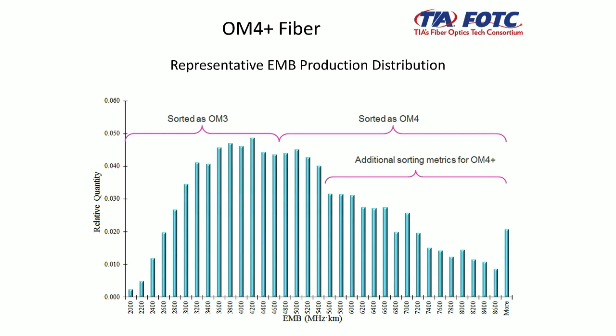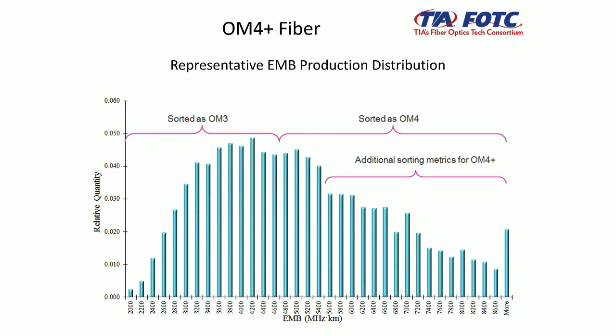All these fibers come from the same process. And anything above 4700 megahertz kilometer gets sorted as OM4 fiber. And then within that, there's a subset that has a dispersion compensating characteristic that gets sorted also.